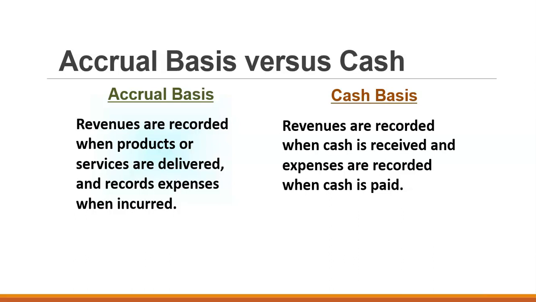So all businesses that have to follow US GAAP rules, including corporations, all government entities, and a lot of private businesses still have to follow GAAP reporting. They have to follow accrual accounting.